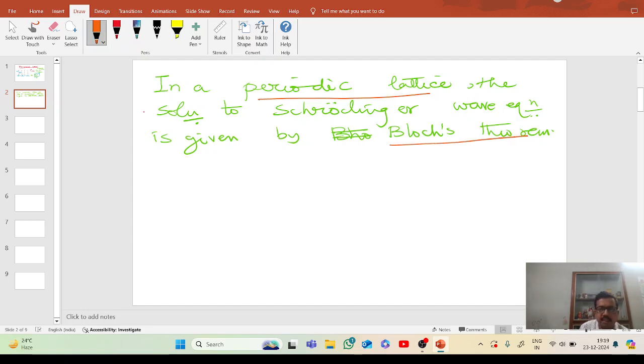In a periodic lattice. A periodic lattice is given by the fact that the wave function will behave as psi of r plus R will be equal to psi of r, where R is the translational vector.